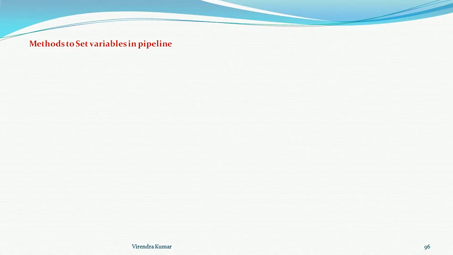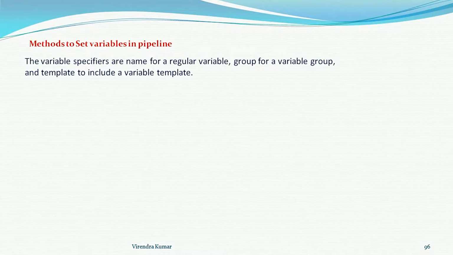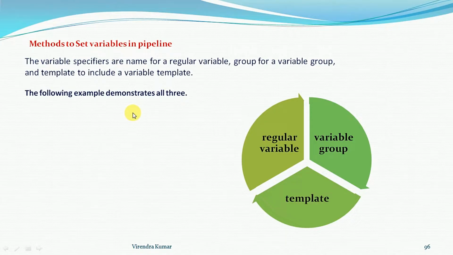In this video session I am going to discuss the methods to set a variable in a pipeline. The first way, by which we can set a variable and the variable value in a pipeline, is the variable specifier with the name for a regular variable.